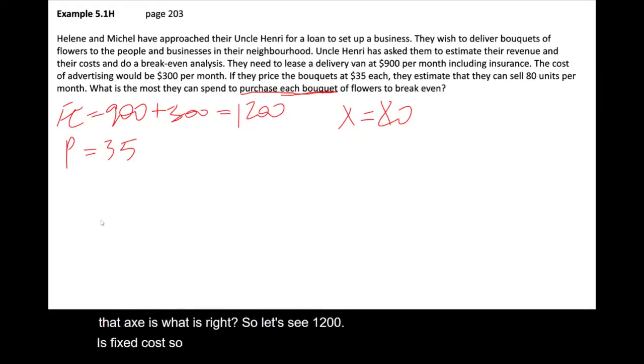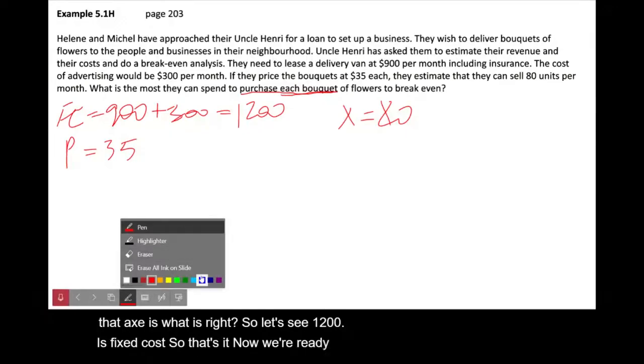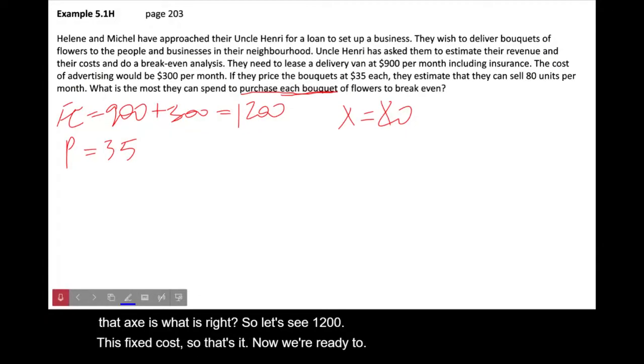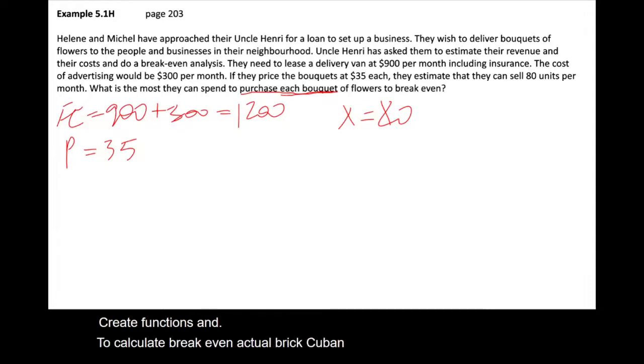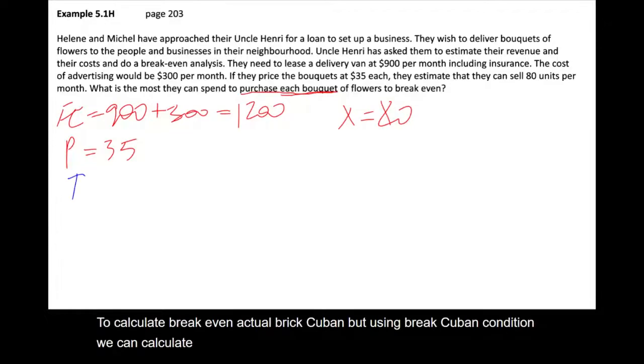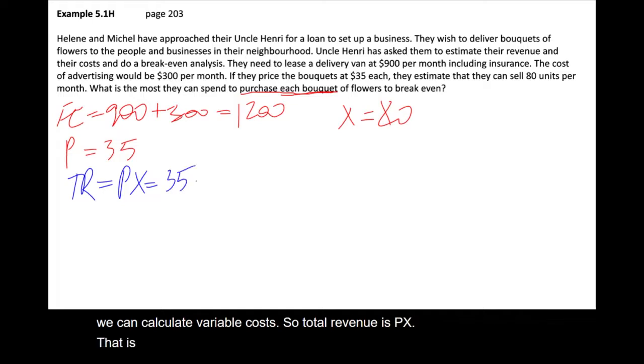So that's it. Now we're ready to create functions and calculate, using the break-even condition, the variable costs. So total revenue is PX, that is 35 times 80.